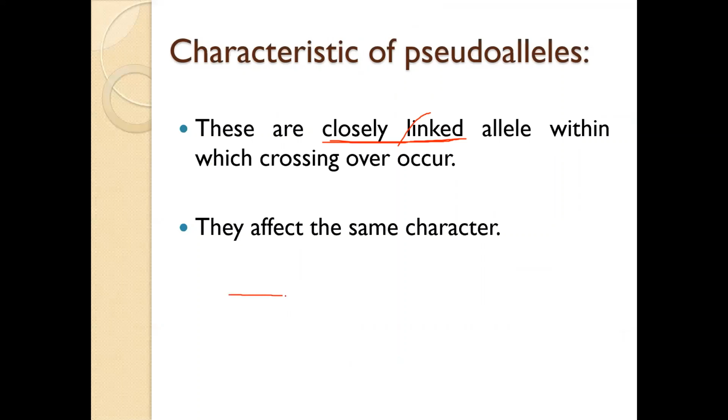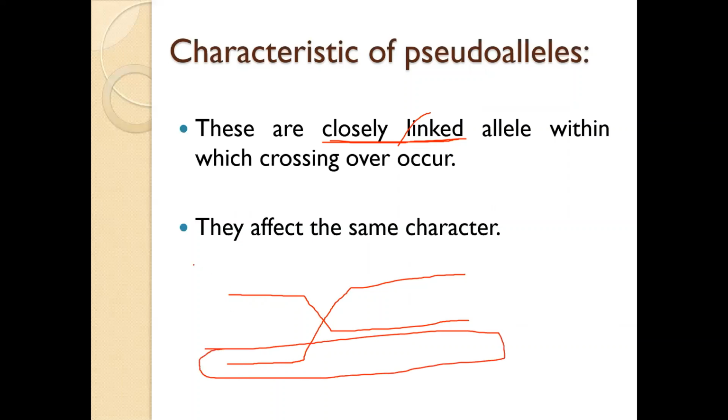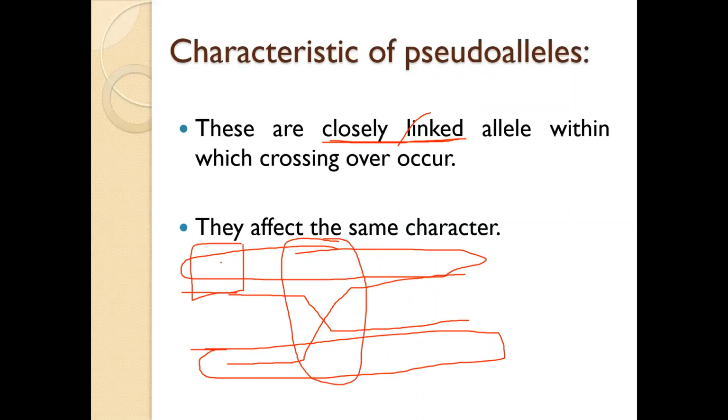If we look at a crossing over event, if this is a particular chromosome and this is a particular chromosome, and crossing over occurs at this particular point, this particular domain will always go together.